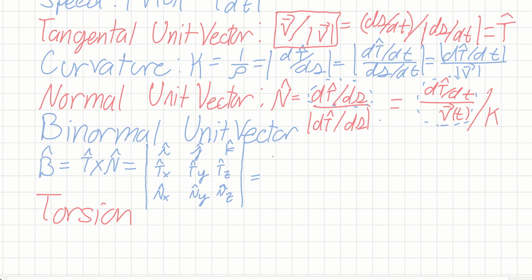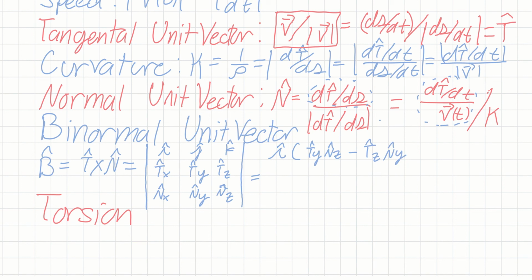This is a good summary of what you essentially do: I times T hat Y n hat Z, and you don't have to memorize this. You're going to be able to figure this out as soon as I explain where they all come from. T hat Z n hat Y.